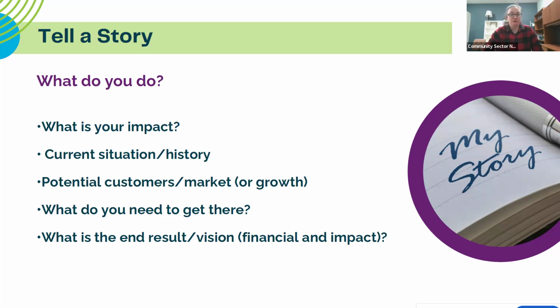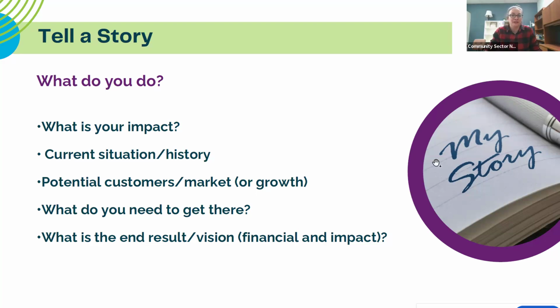Then you want to move on to looking at your target market and your customers and what the growth would potentially be there, and then how you're going to get there with your sales and your revenue. And then, both from the perspective of your financial goal as well as your impact goal, what's your end result or your vision? How is this social enterprise going to both generate profit and generate the social impact that you desire?